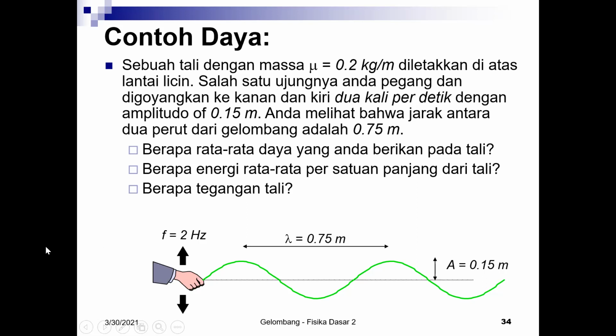One of the ends, for example on the left here, we move with amplitude 0.15. If you see that the distance between two hills is 0.75, what is the average power that you give to the string?